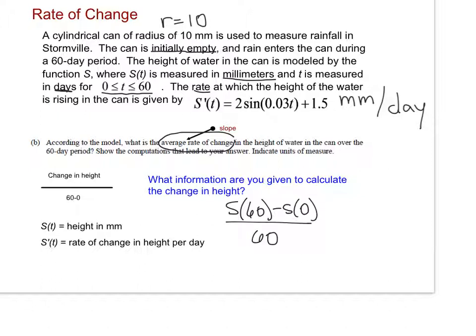But we're not given s, we're given the integral. Well, we know according to the fundamental theorem that s of 60 minus s of 0 is the same as taking the integral of s prime t dt, all divided by 60. So you can see this is how we incorporate the average value with average rate of change. And then I would continue and solve this problem to find the answer.